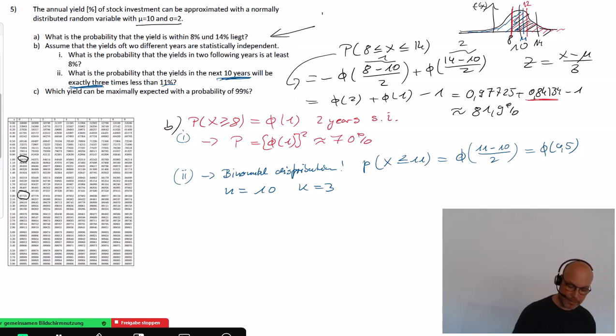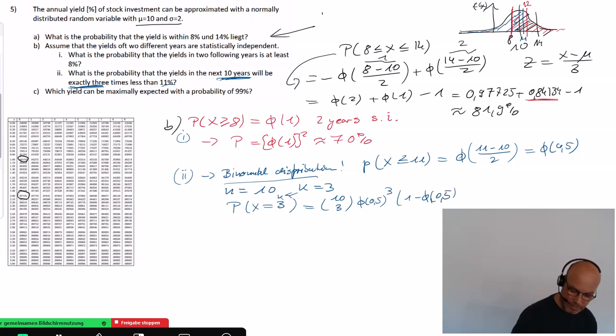And using the binomial distribution is then P of x equals 3, and this is here our k is then 10 over 3 times phi of 0.5 to the power 3 times 1 minus phi of 0.5 to the power 10 minus 3.